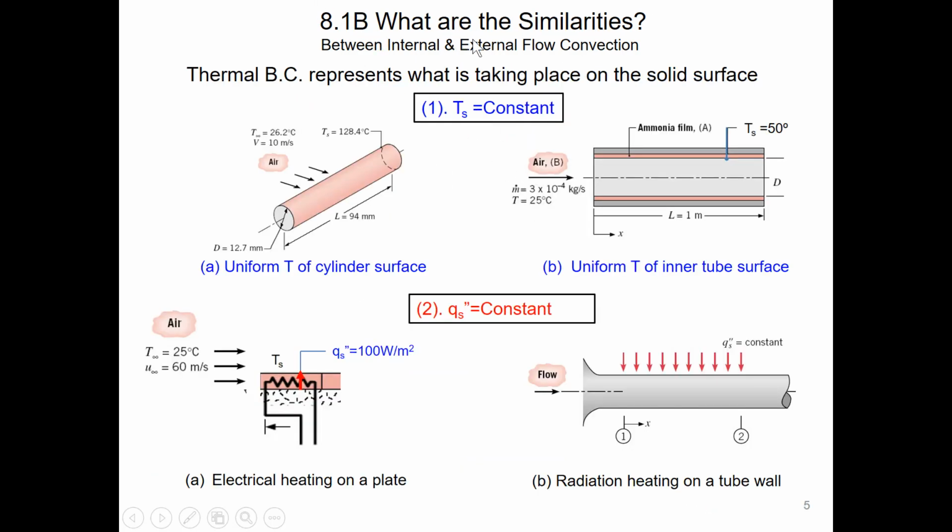B. What are the similarities between internal and external flow convection? The similarity is that both convections can have either constant surface temperature boundary condition or constant heat flux on the solid surface as thermal boundary condition.